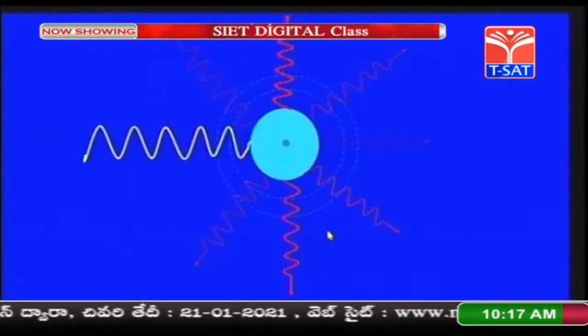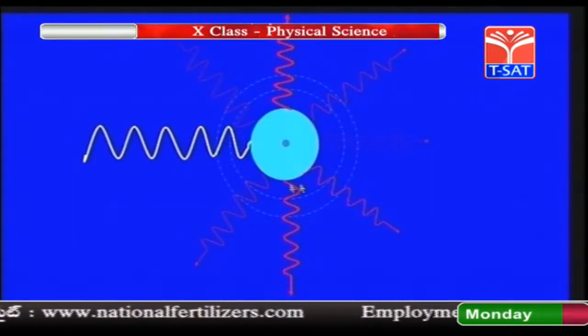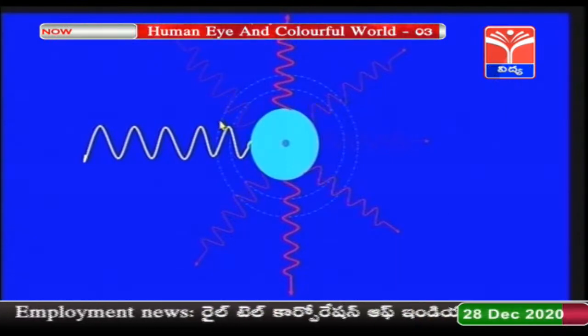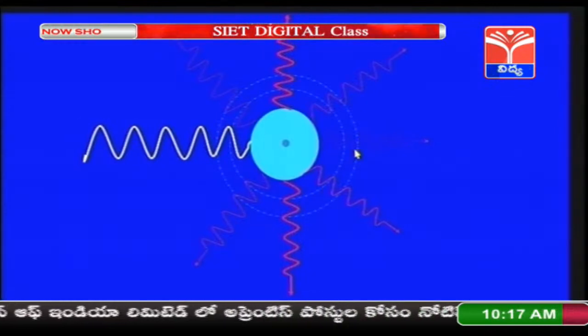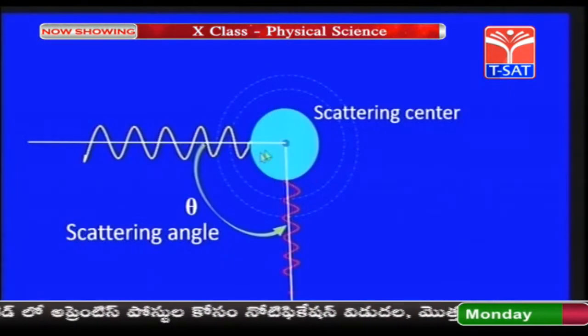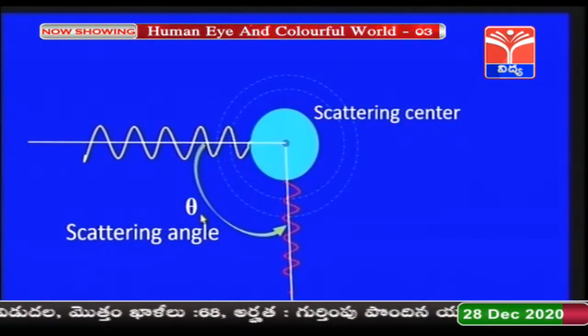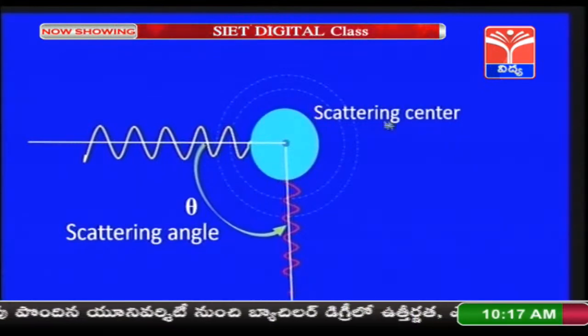So here these two scattered light rays are scattered at 90 degrees, and the remaining are at greater or less than 90 degrees. That's why the intensity of these light rays is very less. Here, children, this is the angle between incident light and scattered wave, that is the scattering angle, and this atom is known as the scattering center.